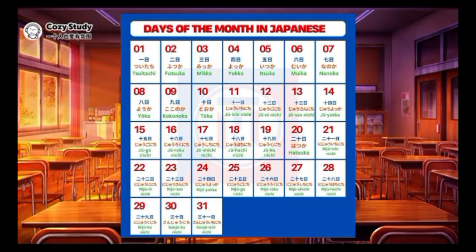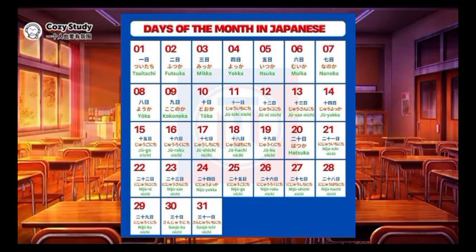For 14, we don't use yon or shi. We're going to use yokka, so it's going to be Juyokka. The next, 15, Jugo nichi. For 16, Juroku nichi. For 17, Jushichi nichi. For 18, Juhachi nichi. For 19, Juku nichi.